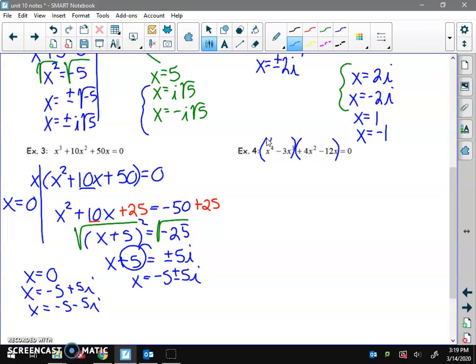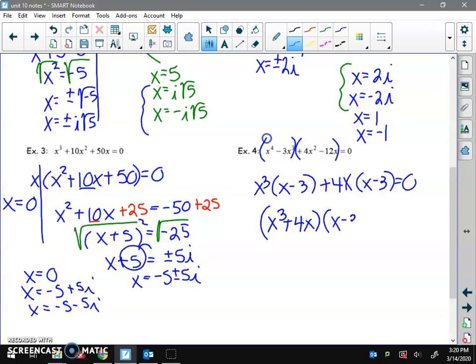On this one, when we took out the x cubed, that left us x minus 3 plus 4x times x minus 3 equals 0. Sorry about that. When I took out the GCF pieces, I have x cubed plus 4x as 1, and then the repeated one was x minus 3 equals 0.